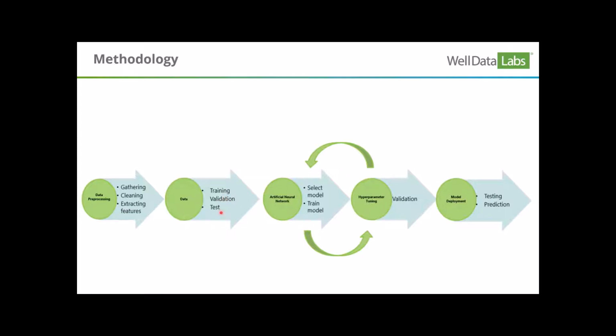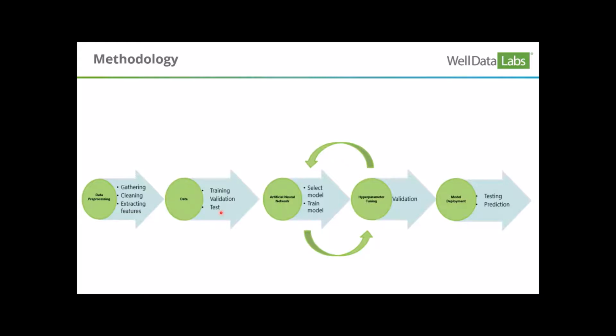And then the test data is data that the algorithm has never seen, and it's basically the one that allows us to get the real accuracy that we need in order to show that we're coming up with a good solution.